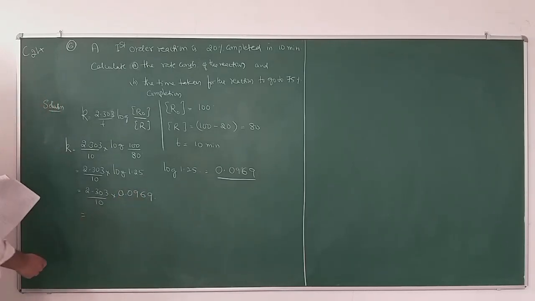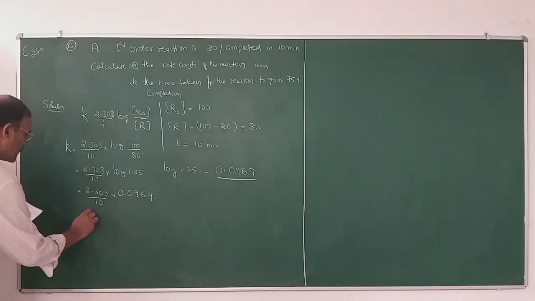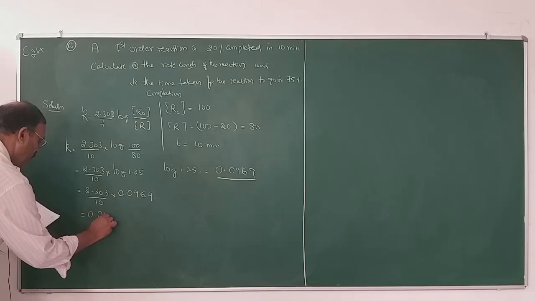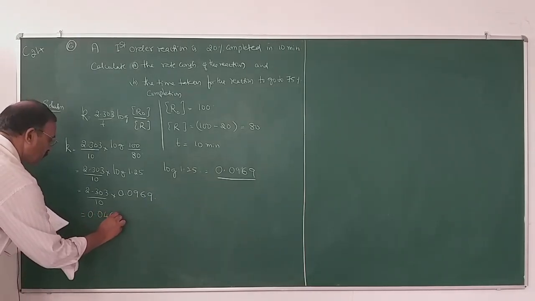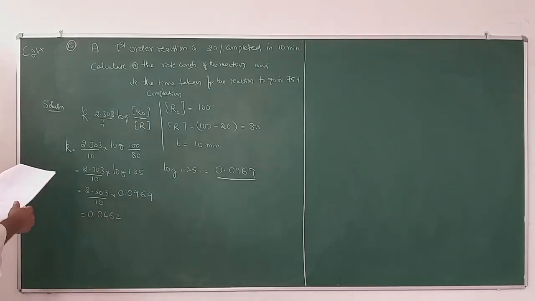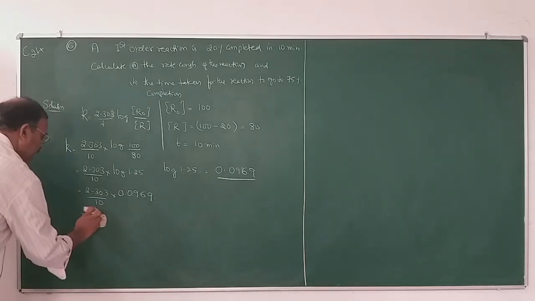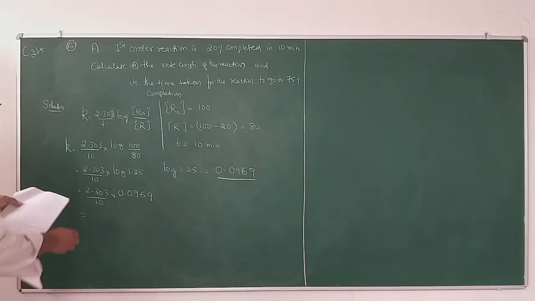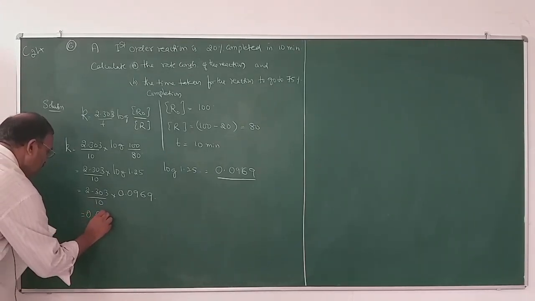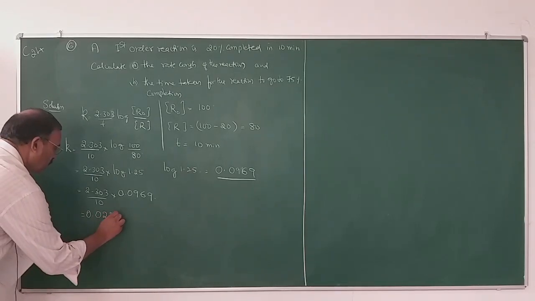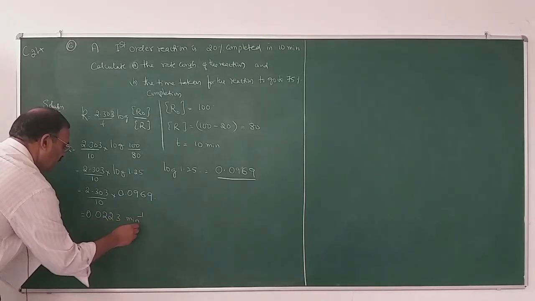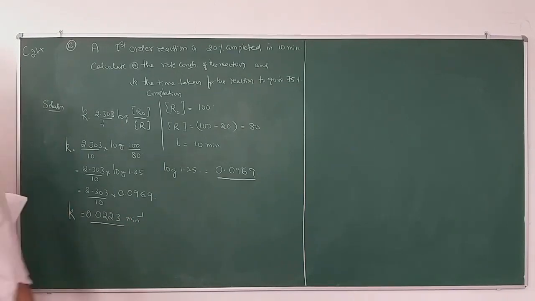On simplification, you will get 0.0223 minute minus 1. So this is the value of K.